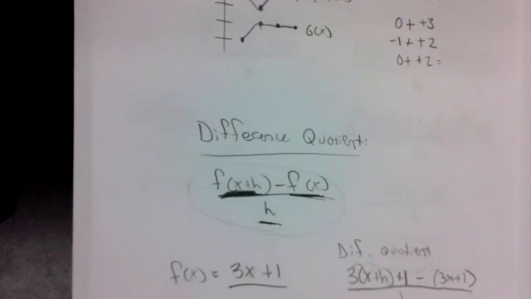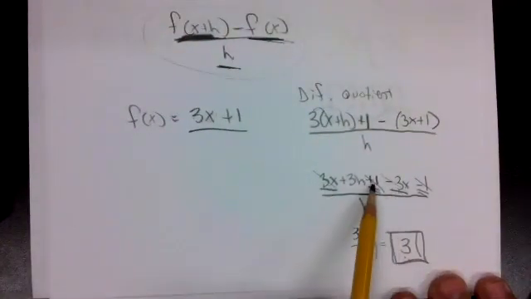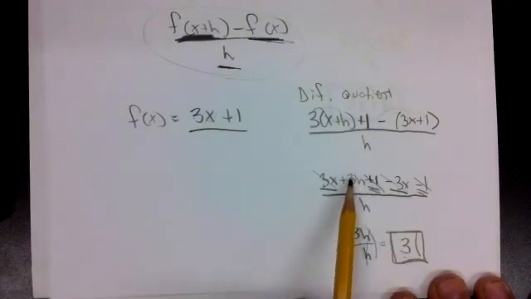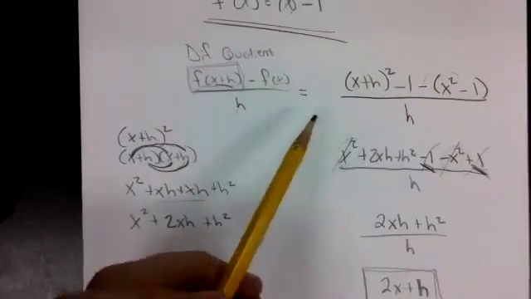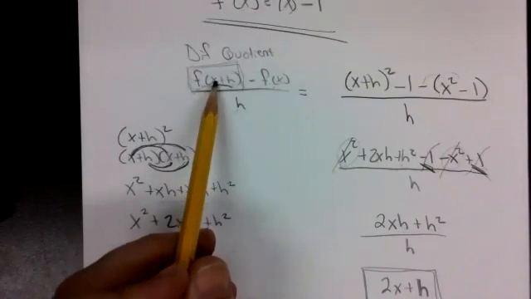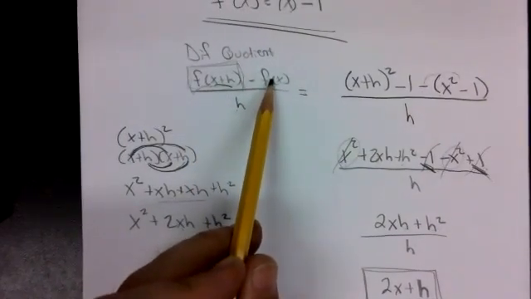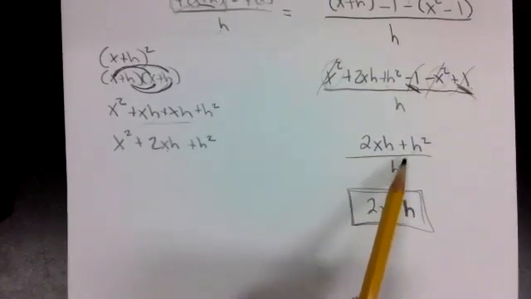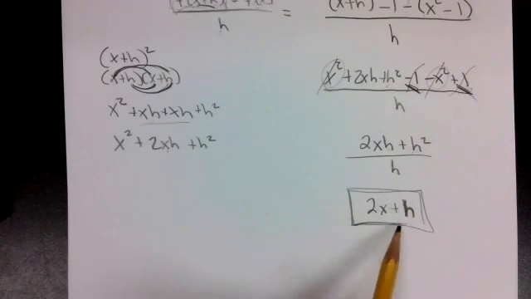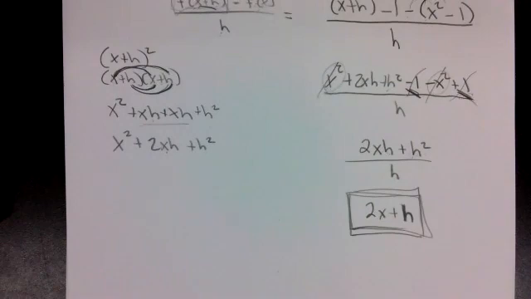Just like the 3x's and the 1 in the first problem I showed you. So something with the h left over was what was left over. So by definition of how this works out, parts of this one are going to cancel out with this one, to where what I'm left with should all have h's, and then we can divide one of those h's out. So lots of things are going to cancel out.